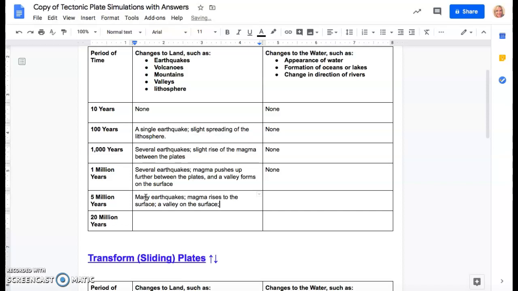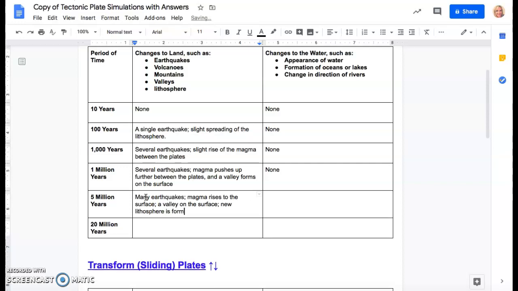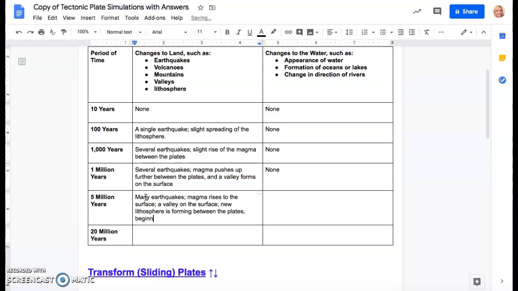I am going to say that new lithosphere is forming between the plates. And you have the beginnings of a volcano. Nothing major, but you could see the steam escaping.